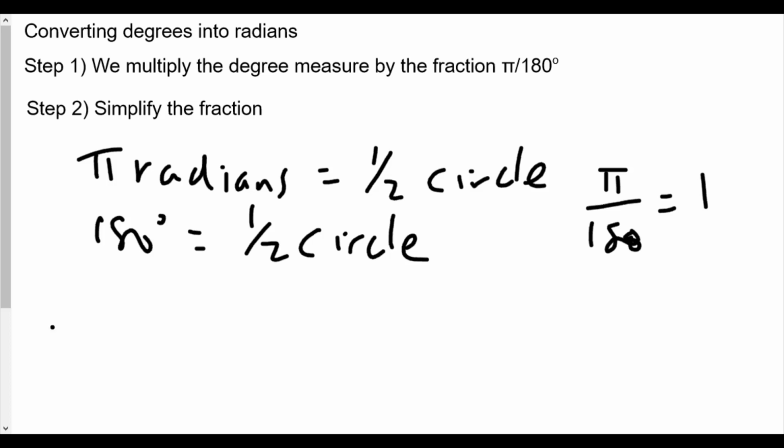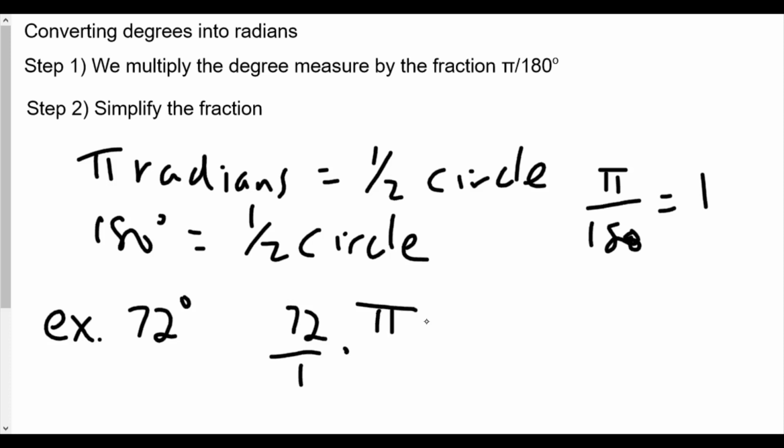So our example is 72 degrees. To convert 72 degrees into radians, we would do 72 over 1 times pi over 180. So we multiply this together and get 72 over 180 times pi. Now, how many times can we simplify 72 and 180?